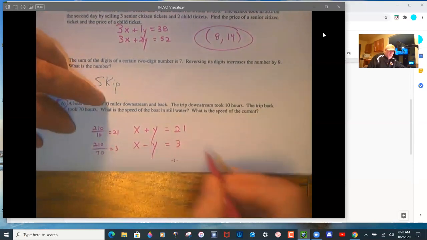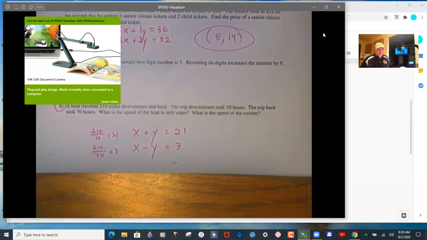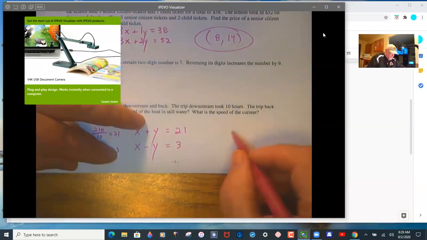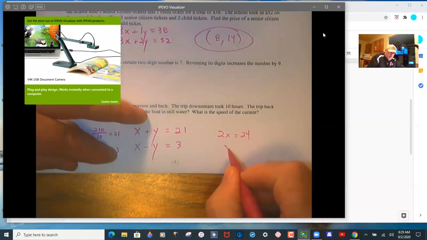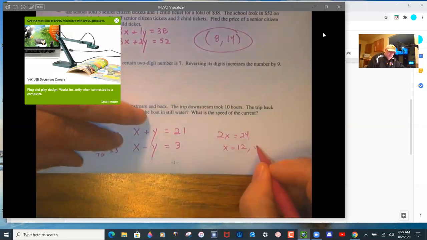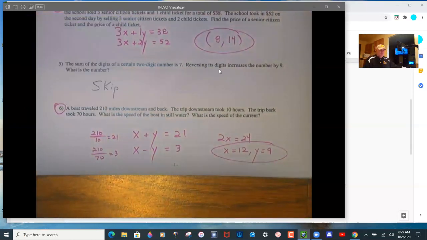So that means you're going slower because the current is stopping you, slowing you down. So add them together. 2x is 24 and x is 12. And then y would be 9. So 12 is the speed of the boat and 9 is the speed of the current in miles per hour.